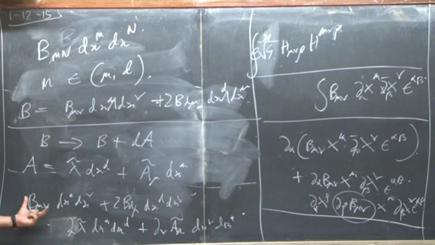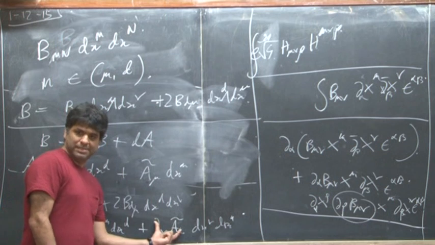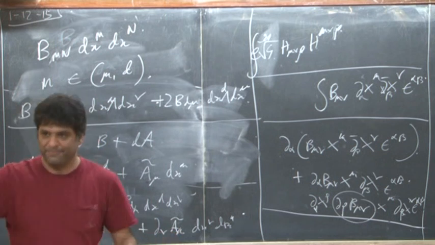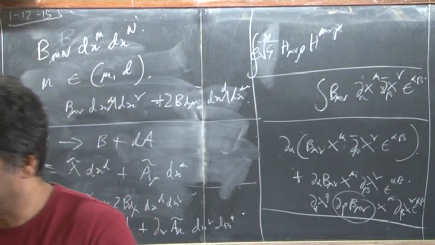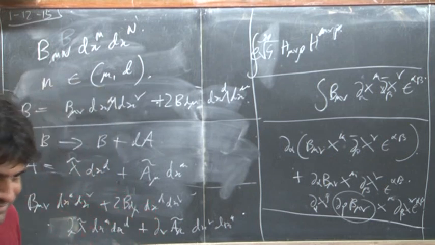Is this clear? The shift in the daughter B is exactly the same form as it was in the parent: B tilde, B daughter, goes to B daughter plus dA daughter.